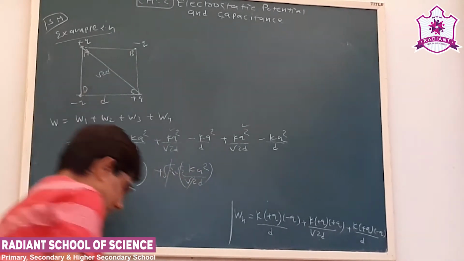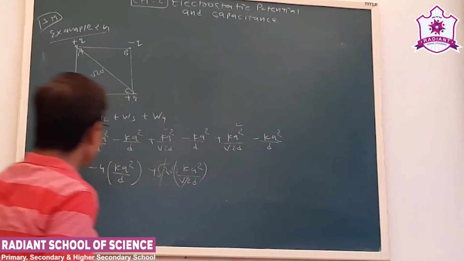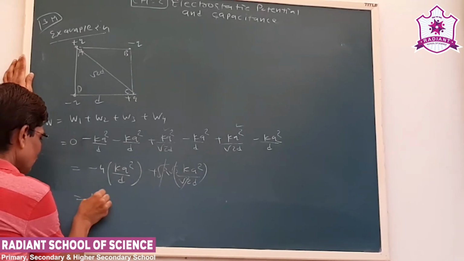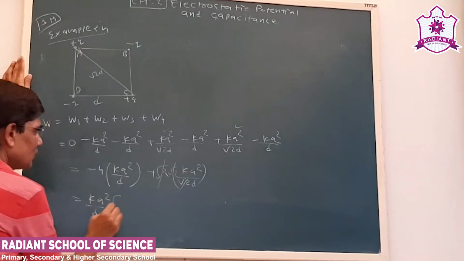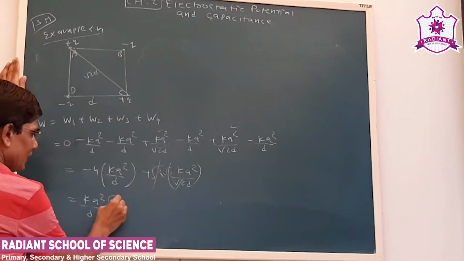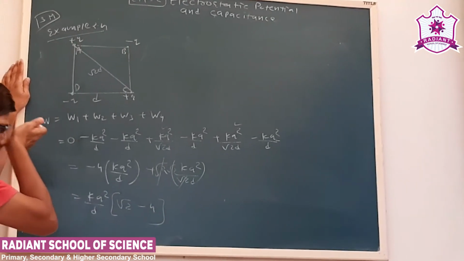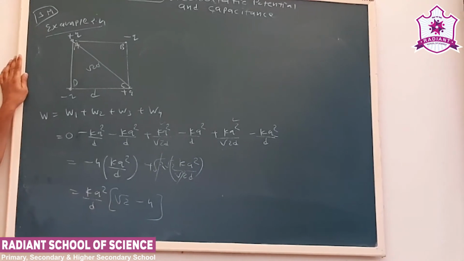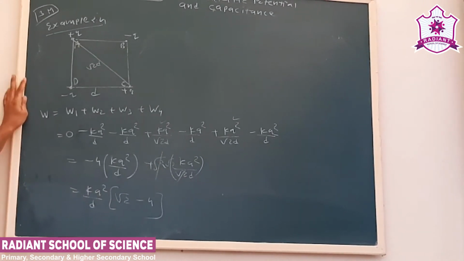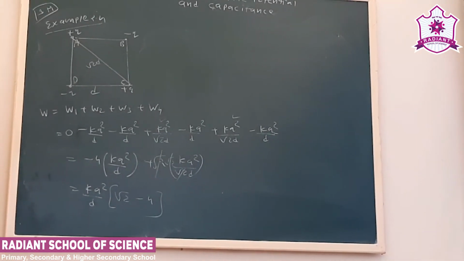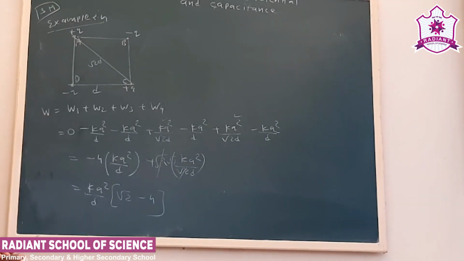Now what we can take common is KQ square upon D, and what is left is minus 4 plus root 2. Sometimes they write the minus sign outside, but it is the same. So this is nothing but the work done to assemble the charges.